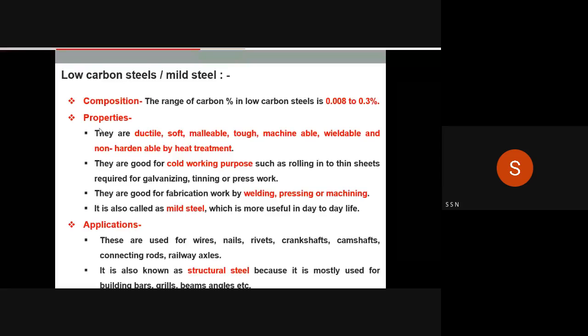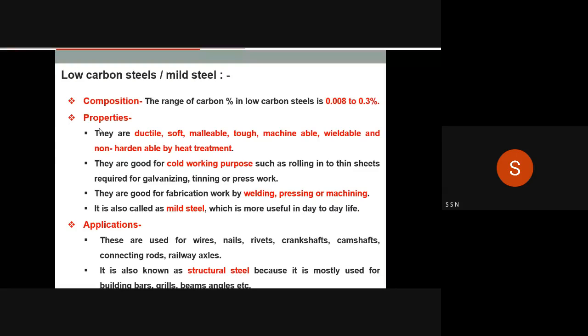It is also known as structural steel, because the staircases, windows, grills, and bars of windows are all made of low carbon steel.